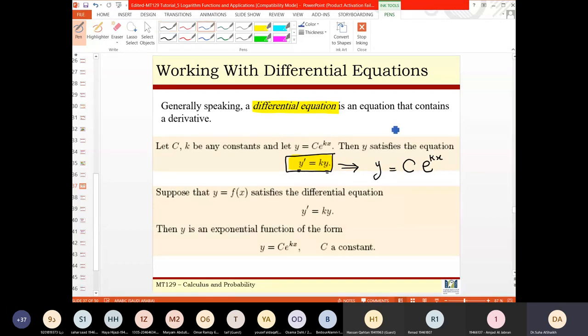So for example لو كان عندي differential equation y dash equal مثلا to 5y. What's the solution of this one? The solution is y equal to constant c exponential, k is 5, so exponential of 5x. You got that?